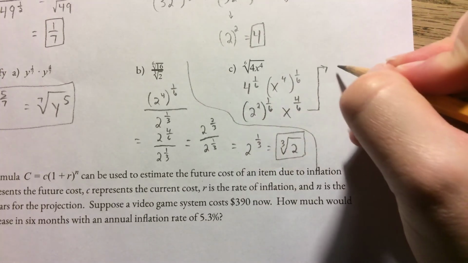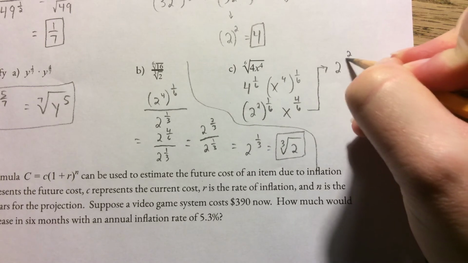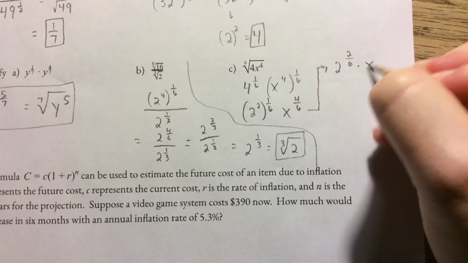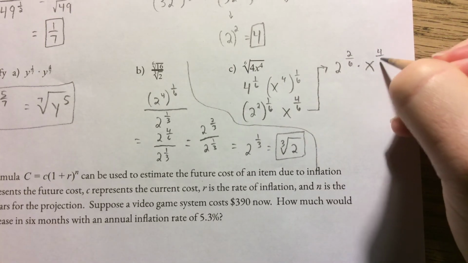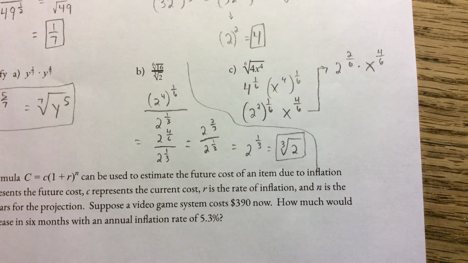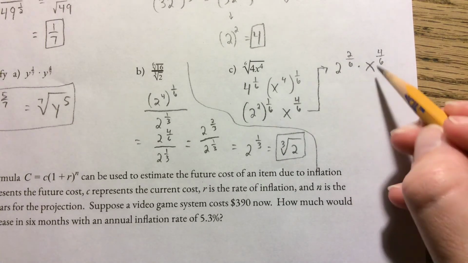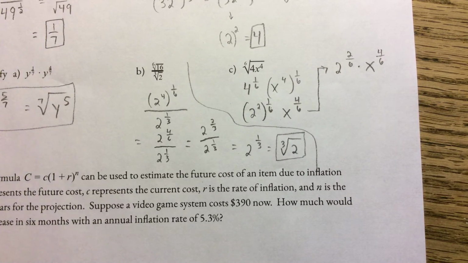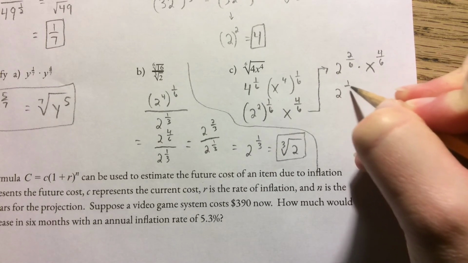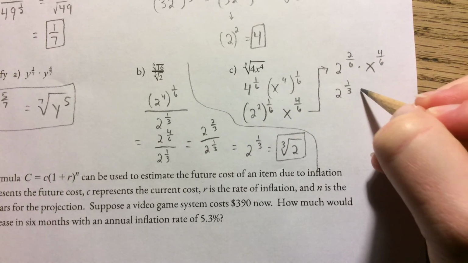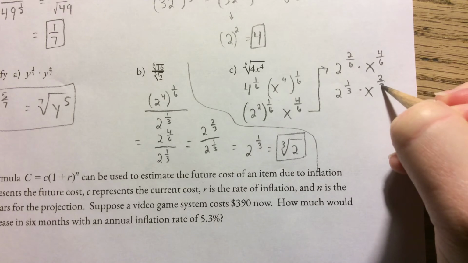So now if I simplify those, I have 2 to the 2/6 times x to the 4/6. So now I would add those. Oh, I don't have the same base on there, sorry. So I can simplify those though. This is 2 to the 1/3, and this is x to the 2/3.